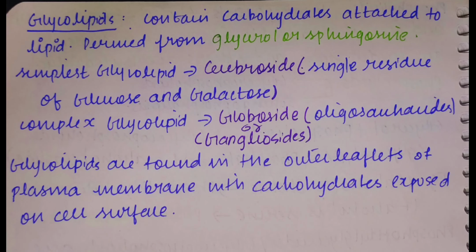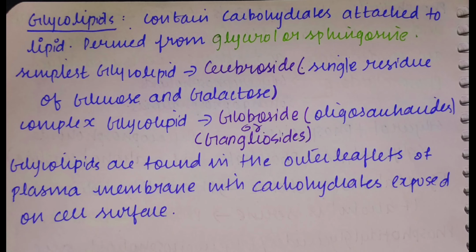Now, coming to the glycolipids, the glycolipids contain carbohydrates, which can either be a monosaccharide or an oligosaccharide, attached to the lipid. These can be derived from either glycerol or sphingosine. The simplest form of glycolipid is called a cerebroside, whereas the complex glycolipid is a globoside, which can also be known as a ganglioside.